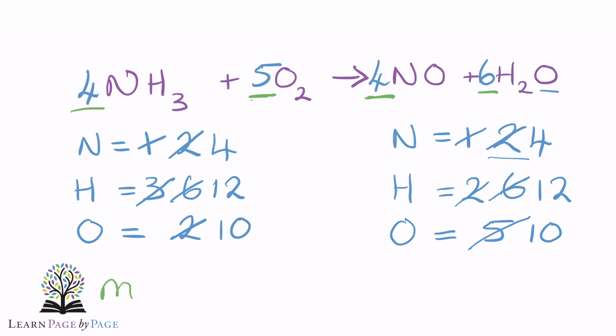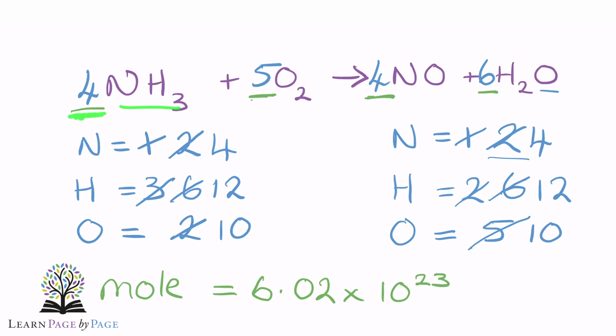A mole is just another word for Avogadro's constant, which is a number. That's all it is. And that is 6.02 times 10 to the power of 23. So what this reaction is saying is you need 4 times this many ammonia molecules reacted with 5 moles of oxygen molecules to give the products.